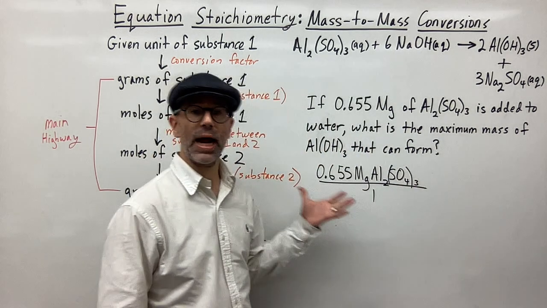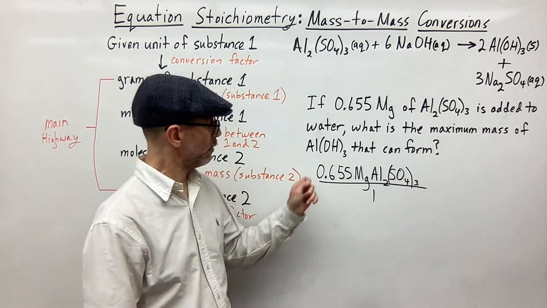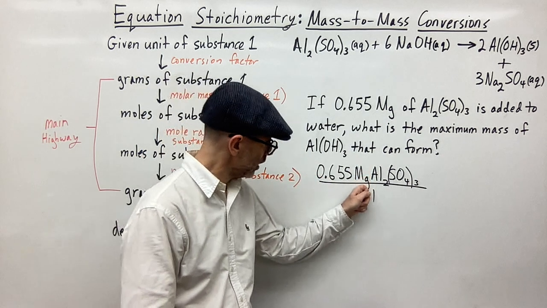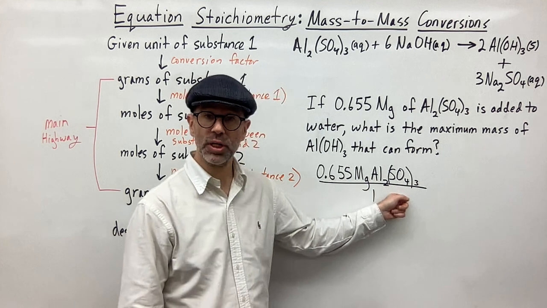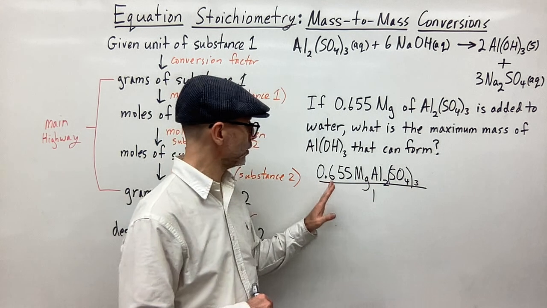And notice here, when I write my conversion factors, I write three things. I write the number, the unit, and the substance formula, or maybe the substance name if I abbreviate it, but I am identifying those three things.